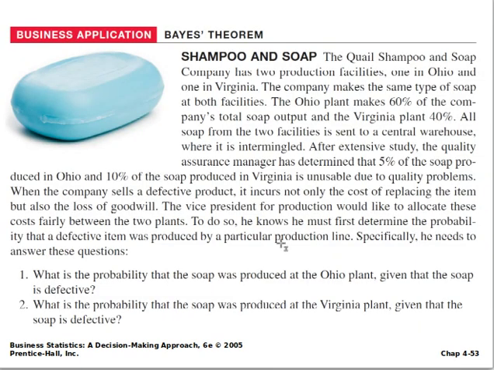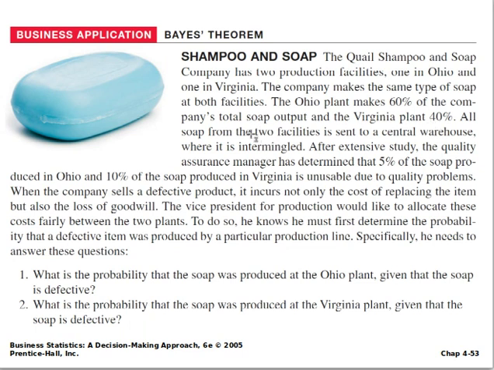Now here's a business application for Bayes' theorem. The Quail Shampoo and Soap Company has two production facilities, one in Ohio and one in Virginia. These are states in the US. The company makes the same type of soap at both facilities. The Ohio plant makes 60% of the company's total soap output and the Virginia plant 40%.